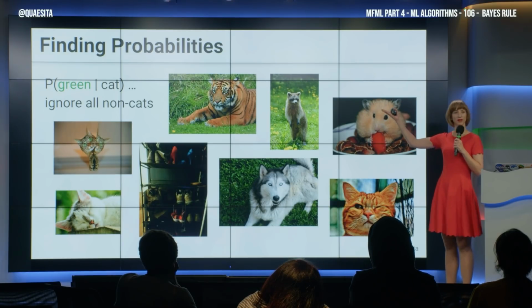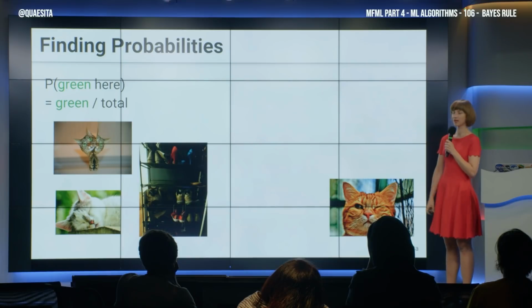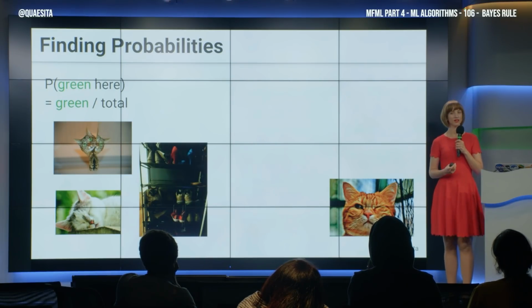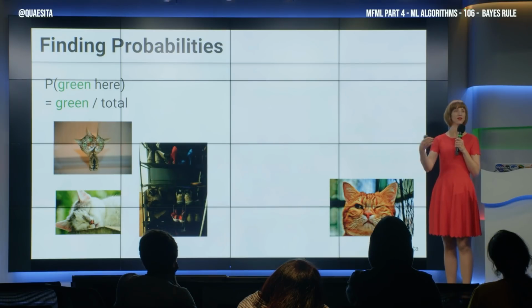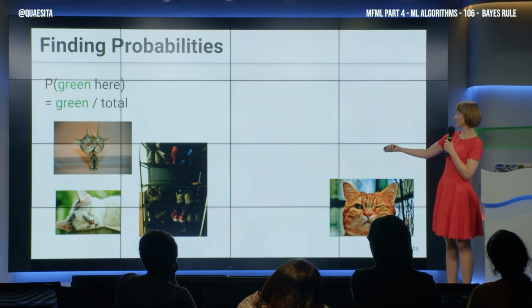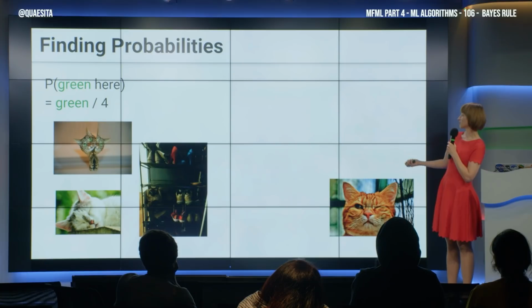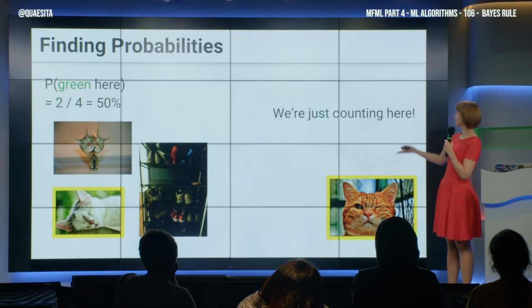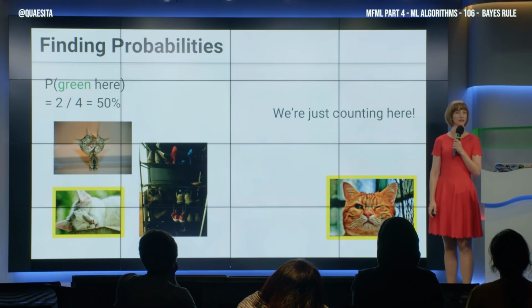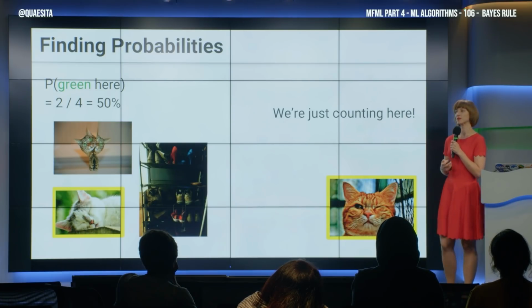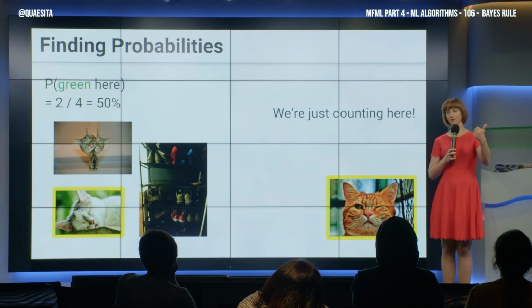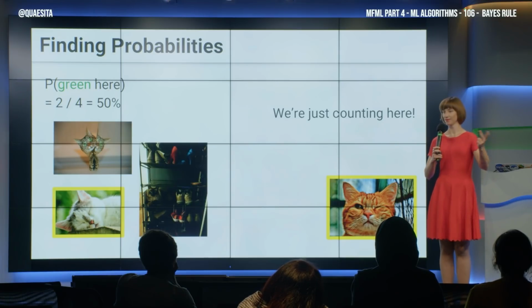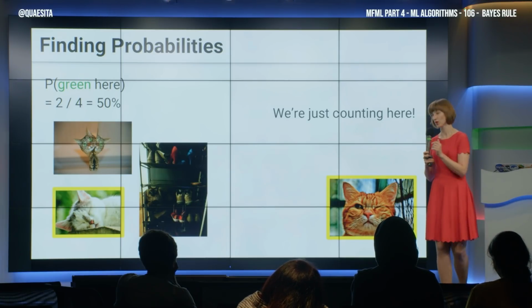We said in a world where cat, so why are we bothering with all the other ones? We only care about the cat ones. And then the formula is simple again. It's the straightforward thing. How many total? 4. How many have lots of green? 2. And there's our answer. Very easy to make these manipulations. So what are we doing? Dividing, ignoring, and counting.